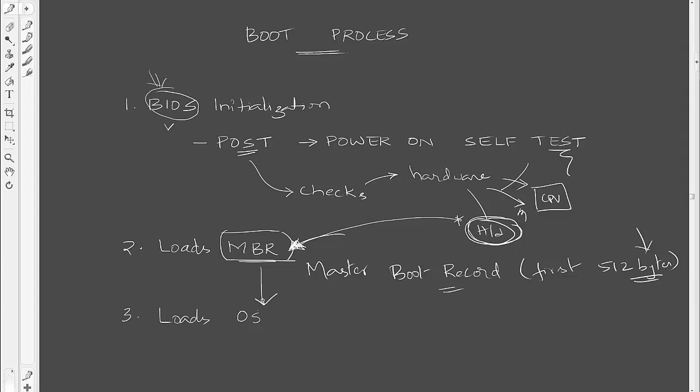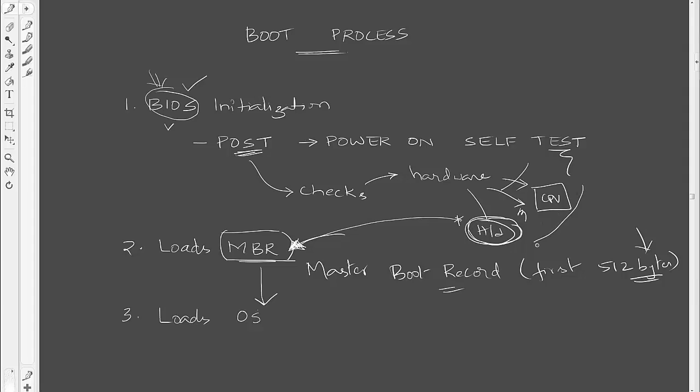Okay, let me repeat this again real quick. When the system is booted, the BIOS executes the POST process, nothing but power on self-test, during which it will check all the hardware. If any of the hardware that is required for the system to boot is missing or not functioning properly, the system will stop booting the computer.